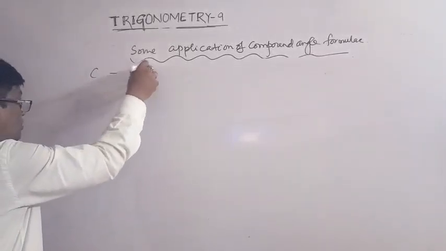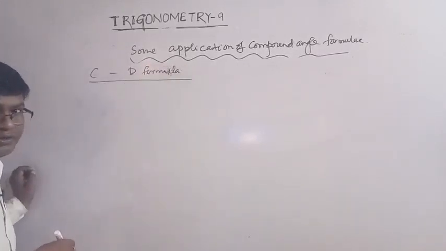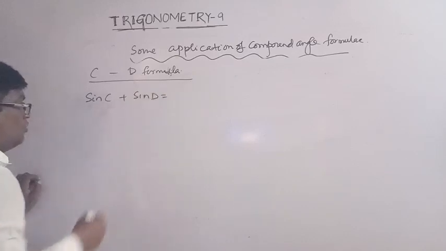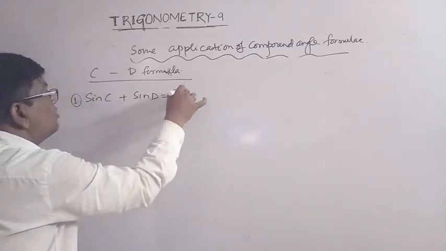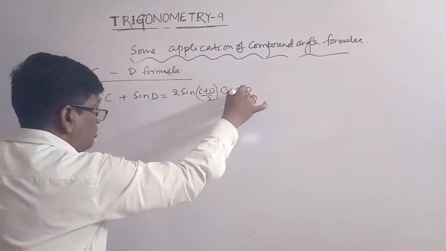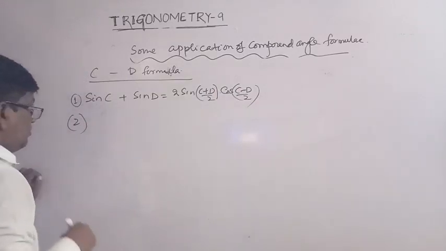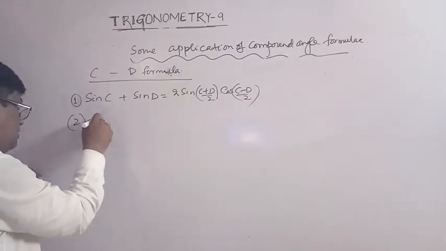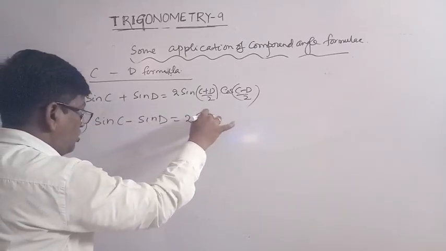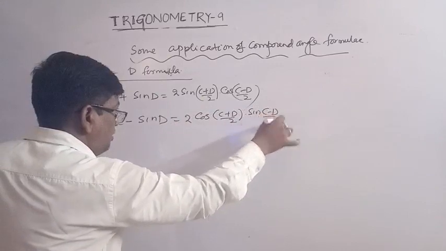First, sin C + sin D is equal to 2 sin((C+D)/2) cos((C−D)/2). You should remember this formula. Then sin C − sin D is equal to 2 cos((C+D)/2) sin((C−D)/2).